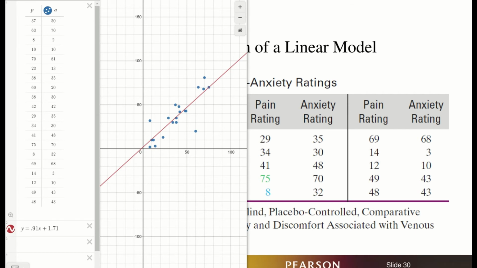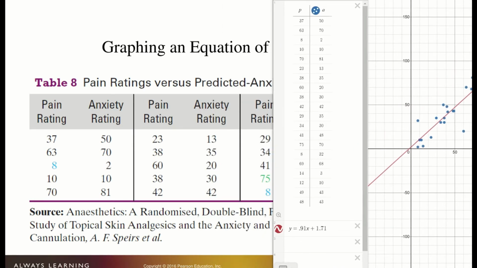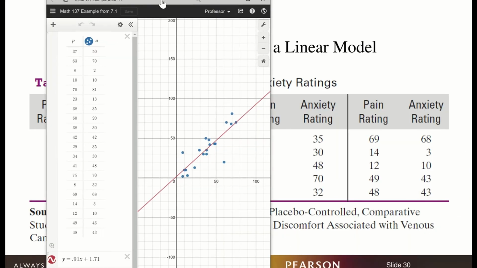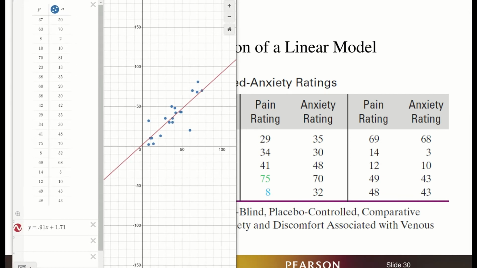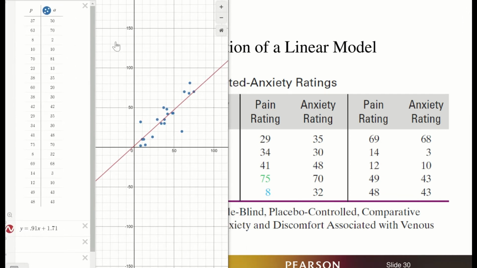So these are all these points. See, 37, 50, 63, 70, 82. You have to be careful because these are ordered pairs, and these two values are linked, so you can't have them off at all. So 70, 81, etc. Basically I put all those points into Desmos, and you can do the same with ClassCalc, for instance.